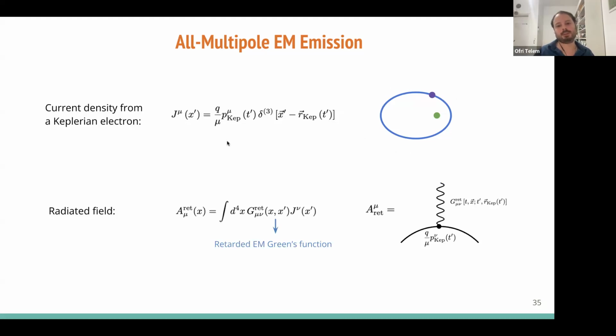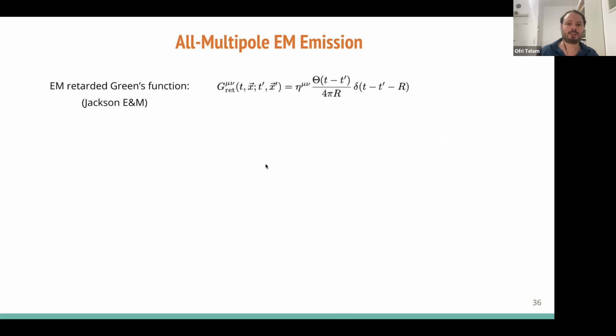What you need to do is take the current and integrate it with the known classical Green's function that you picked up from your Jackson E&M. This has nothing to do with the QSM. This is just a fact about classical electrodynamics.